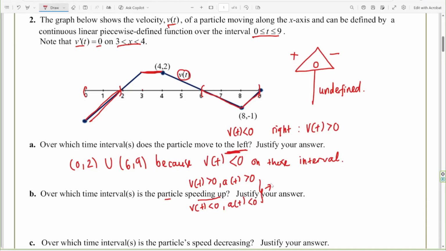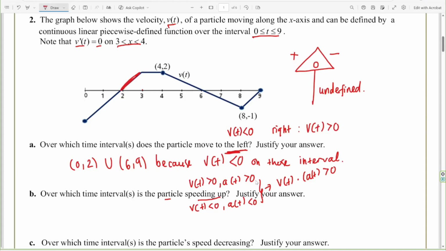Or you can combine these two as one inequality: v of t times a of t is always greater than 0, right? First, we need to check where v of t is greater than 0. So v of t greater than 0 means it's above the axis, right? So it's going to be from here to here, greater than 0, right?